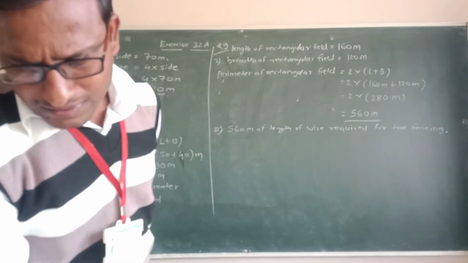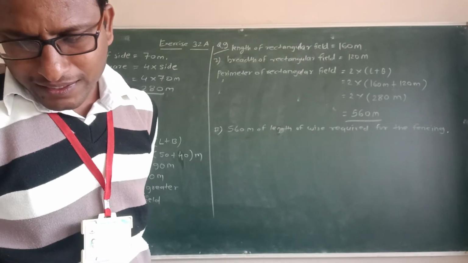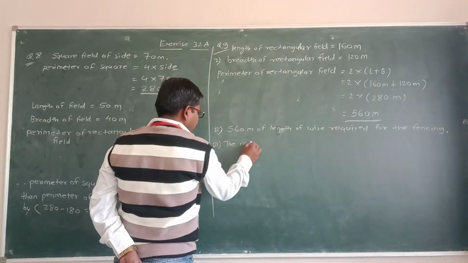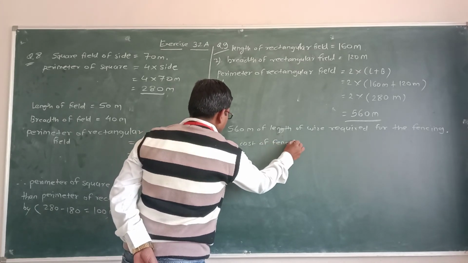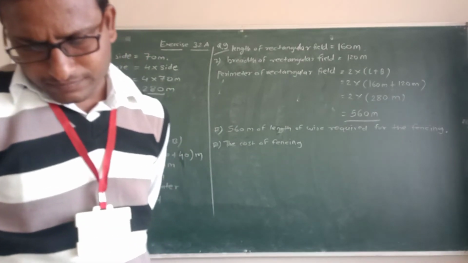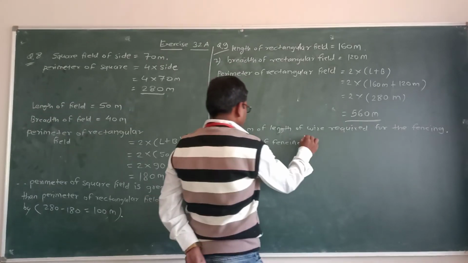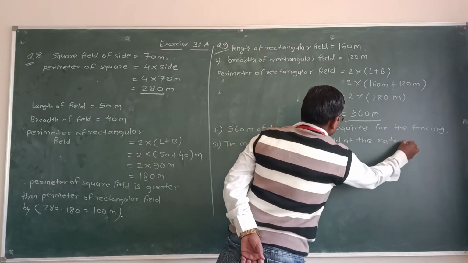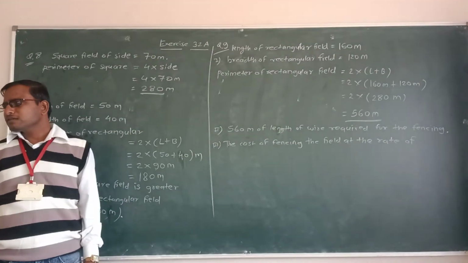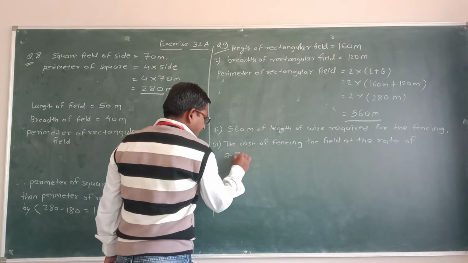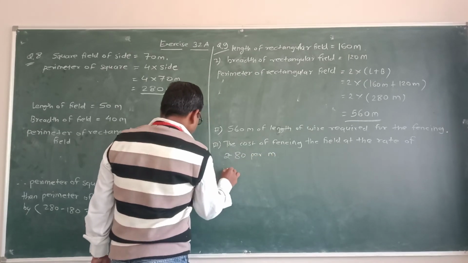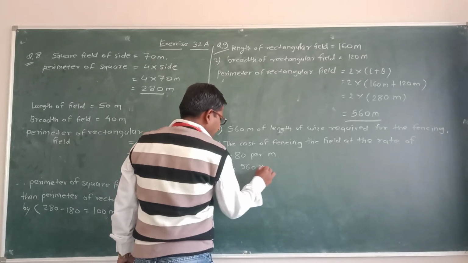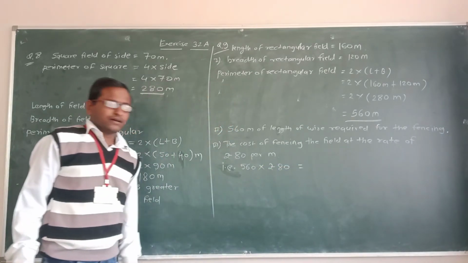Then in the third case, the cost of fencing the field at the rate of rupees 80 per meter, that is 560 meter multiplied by rupees 80, then we get the answer.